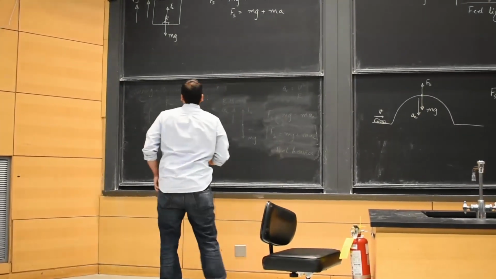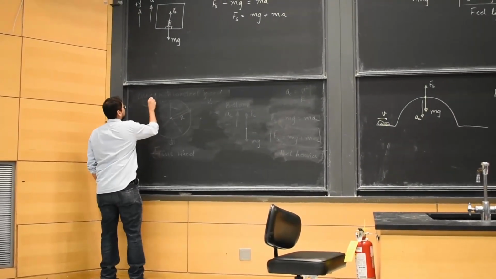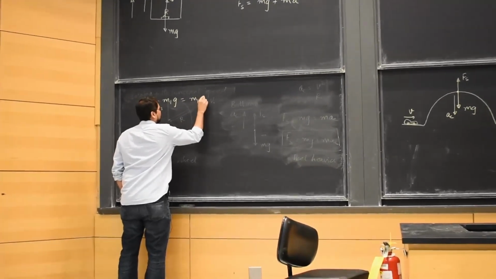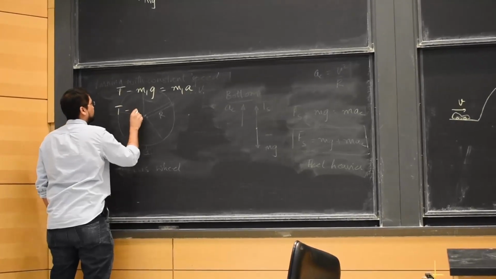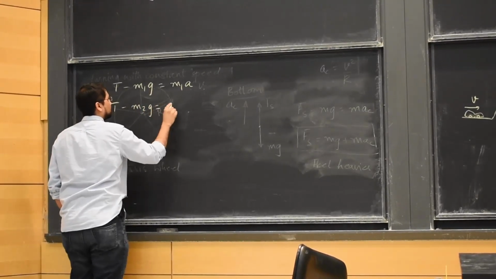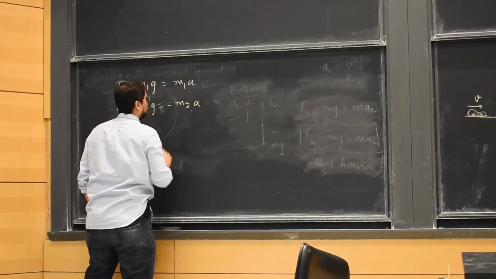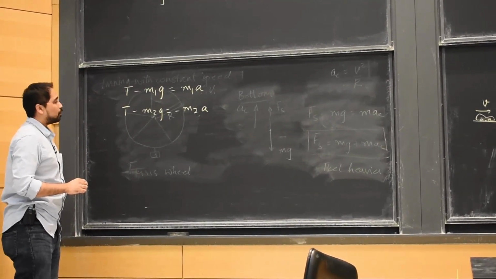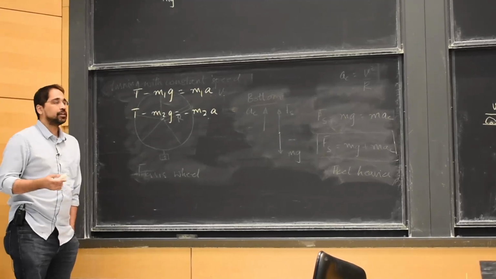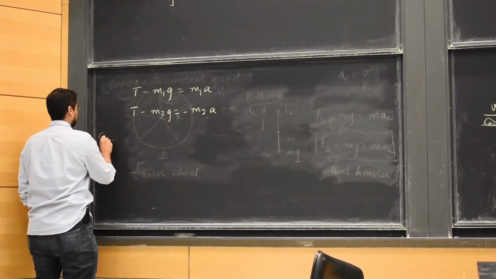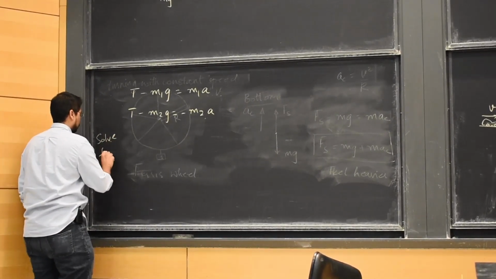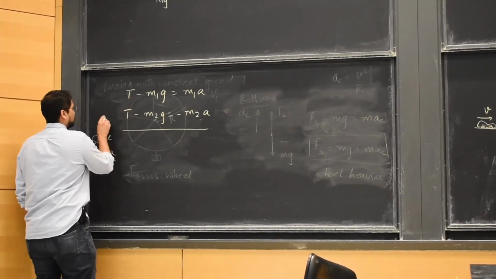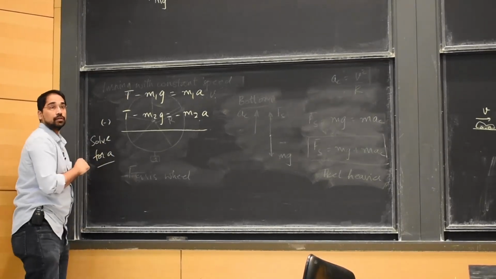All right, so I have the two equations. T minus m1g is m1a. T minus m2g is minus m2a. If I wanted to solve for acceleration, I could subtract the second equation from the first one.